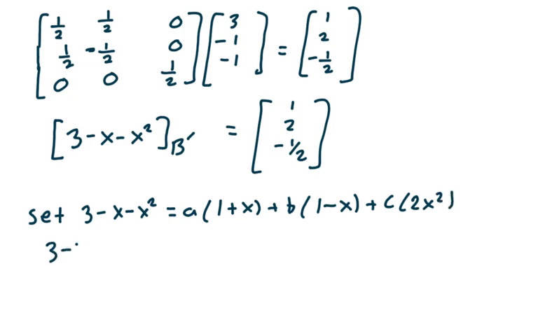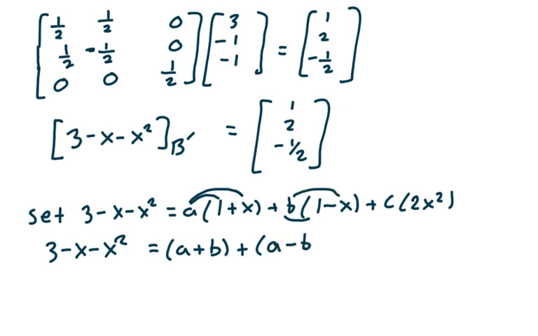And so 3 minus x squared, I'm going to take a plus b plus a minus b, that whole thing multiplied by x, plus 2c, these are just terms of a polynomial. So I get 2c, that quantity, times x squared.